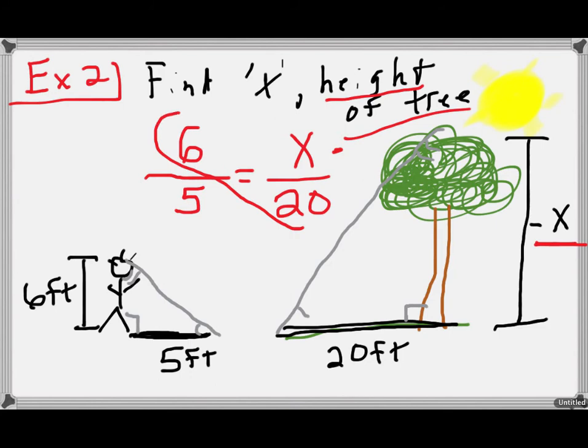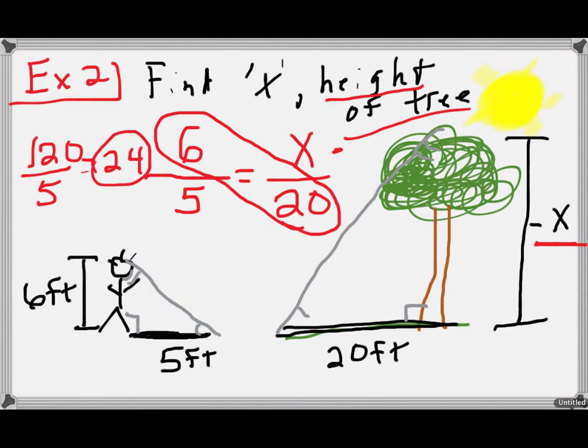Then we can simply cross multiply and divide, which got 120 divided by 5, which is going to be 24, I believe. All right. So the height of the tree would be 24. Since our dimensions are in feet, we're going to stick with feet.